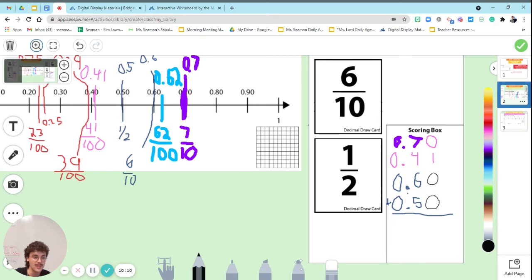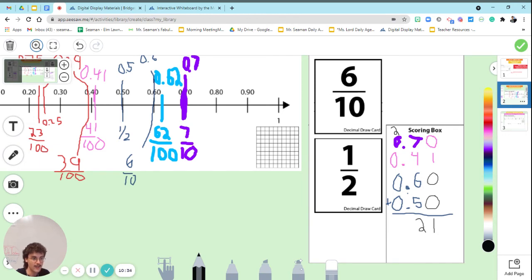So if we add this all together, 0 plus 1, so that's going to be 1/100th. 4 plus 6 is 10, plus 5 is 15, plus 7 is 22. So I'm going to put the 2 there, and I'm going to carry the 2 in the ones spot.